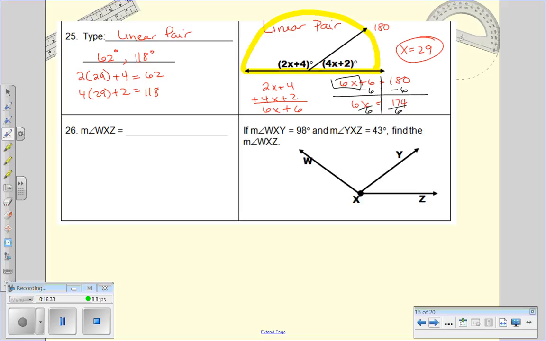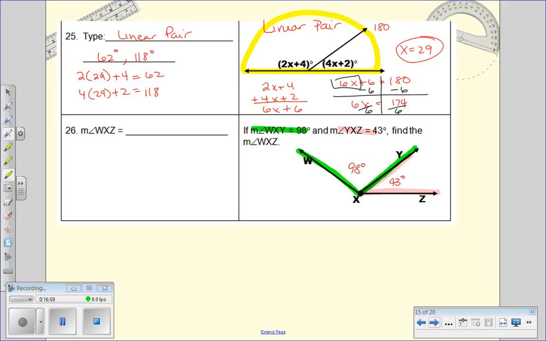On 26, we are given that the measure of angle WXY, so start at W, go to X, end at Y, is 98 degrees. So first we start by labeling, and we have that angle YXZ, so start at Y, go to X, end at Z, is 43 degrees.